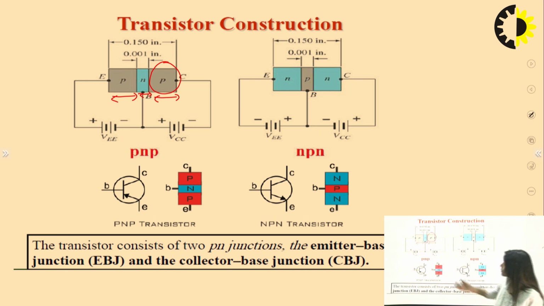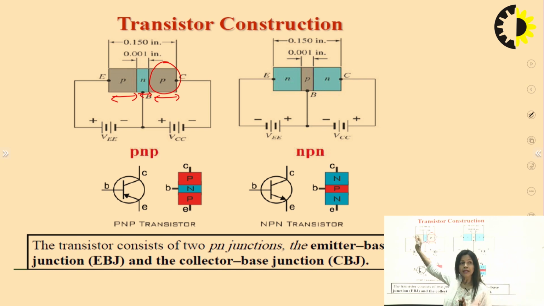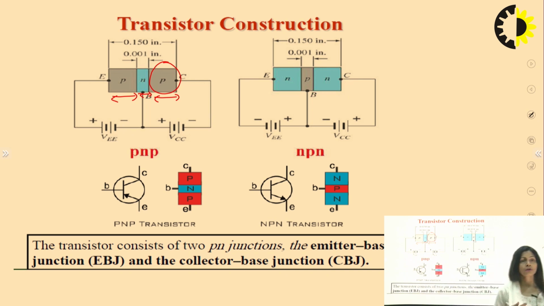That means here the P would be highly doped with trivalent impurities, and here this P would be lightly doped with trivalent impurities, and the N type region with pentavalent impurities would be very lightly doped. So the doping difference is there within the emitter, base, and collector, and similarly applies for the NPN.